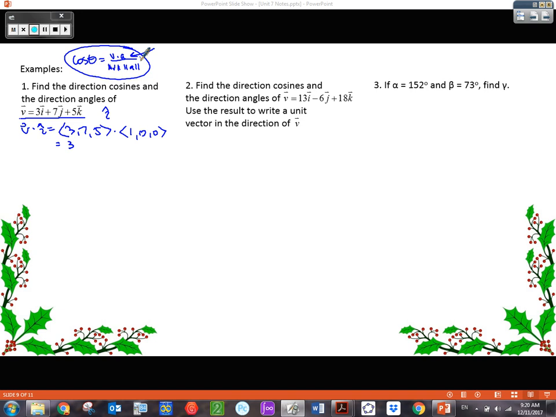Then the magnitude of v is the square root of 9 plus 49 plus 25, so the magnitude of v is the square root of 83. The magnitude of i is just 1. So cosine of alpha is v dot i, which is 3, over the magnitude of v times the magnitude of i, which is simply root 83.